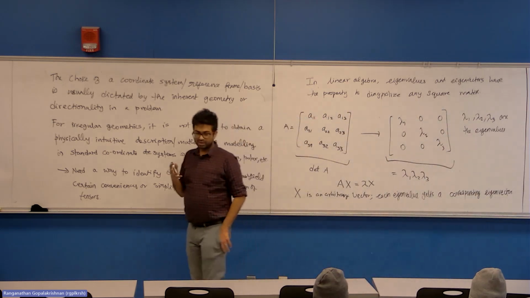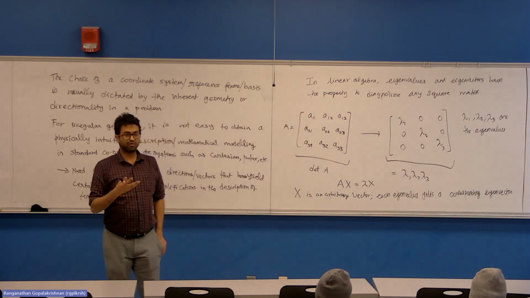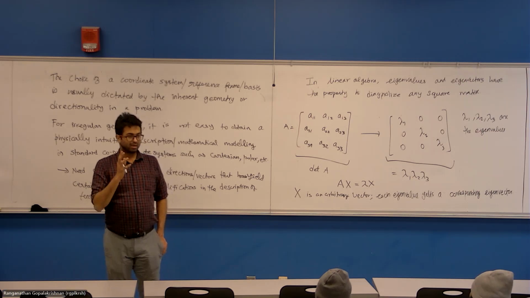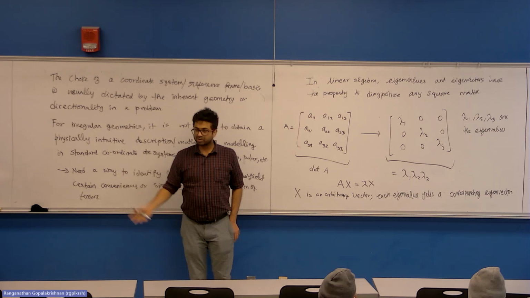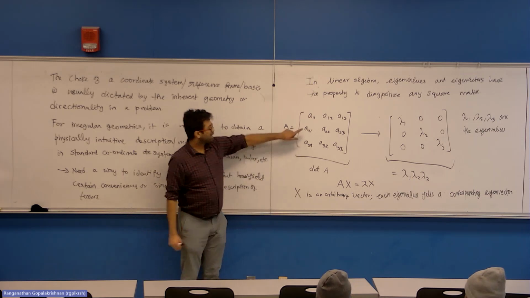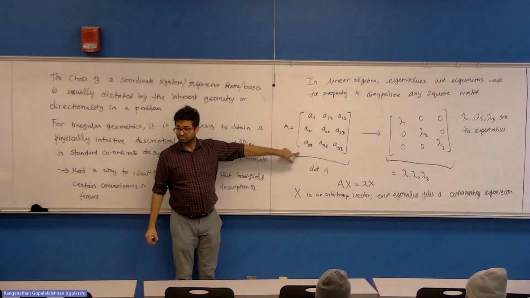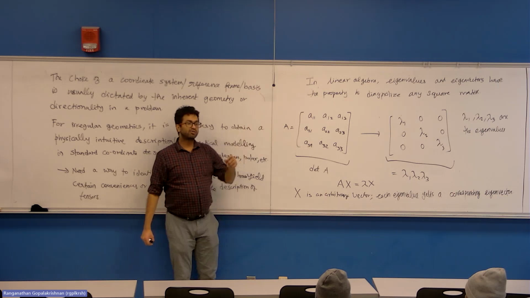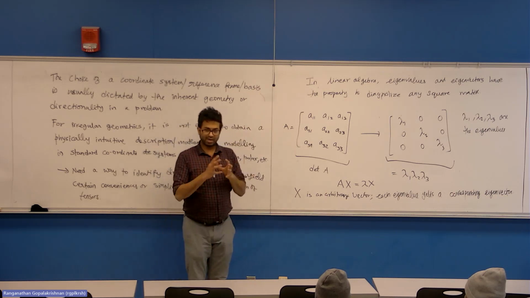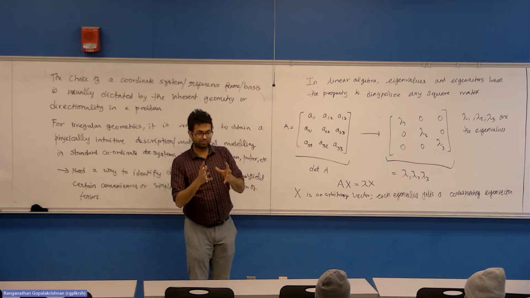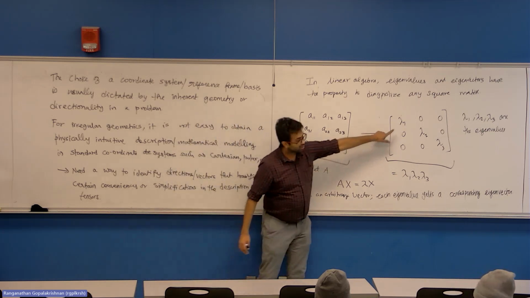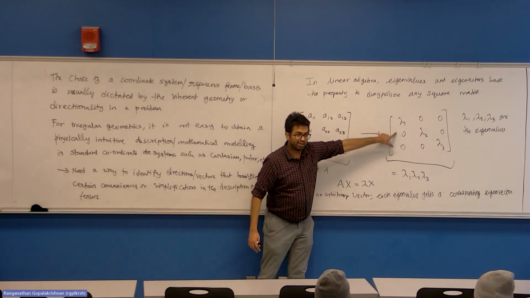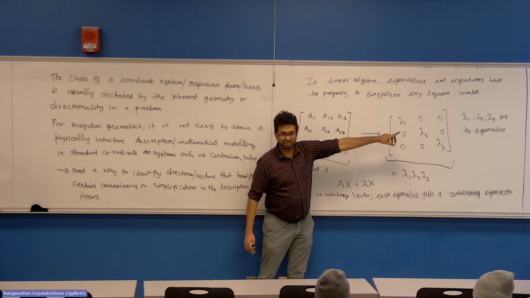If you are trying to measure some kind of a tensor, say for example stress, usually if you just adopt a Cartesian coordinate system, you would need to measure 9 components of the stress. But if you identify the eigendirections of that tensor, you just need to measure three values in those specific directions.